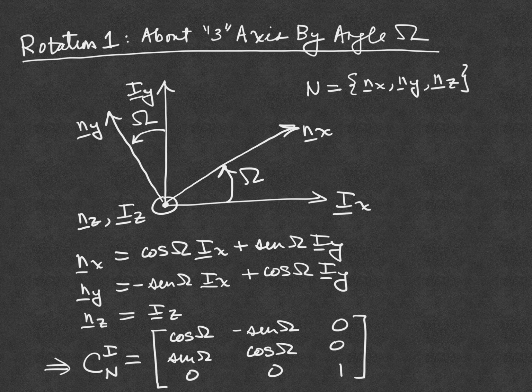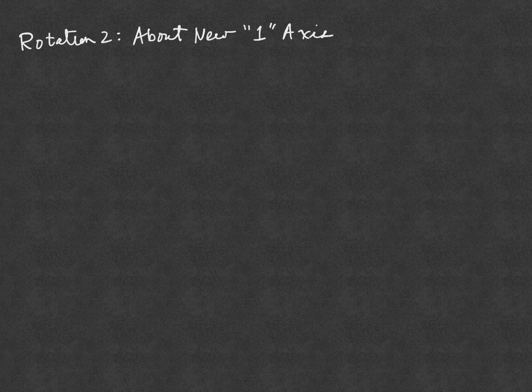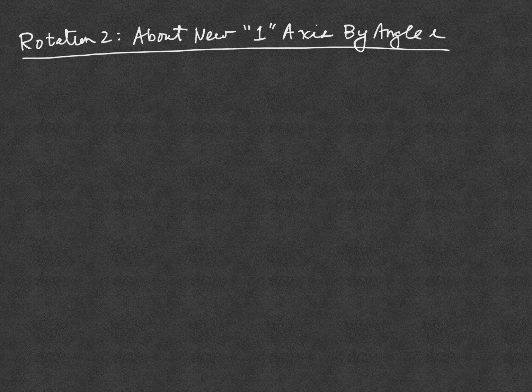So now we're going to go on to the second rotation. So rotation 2 is about the new one axis by the angle I. So given that I'm rotating about the one axis, I'm going to start with the basis nx, ny, nz, but now I'm rotating about nx.